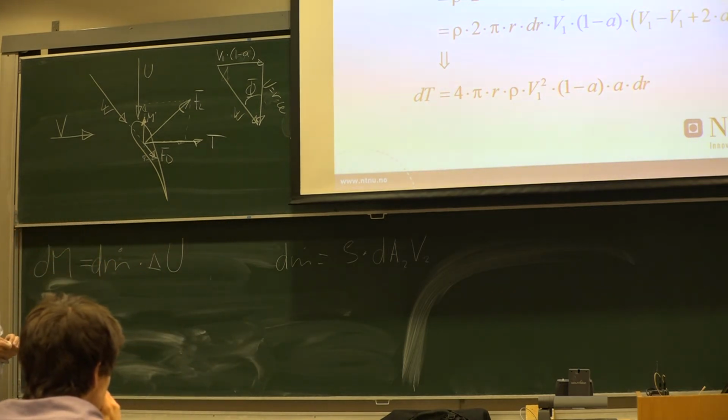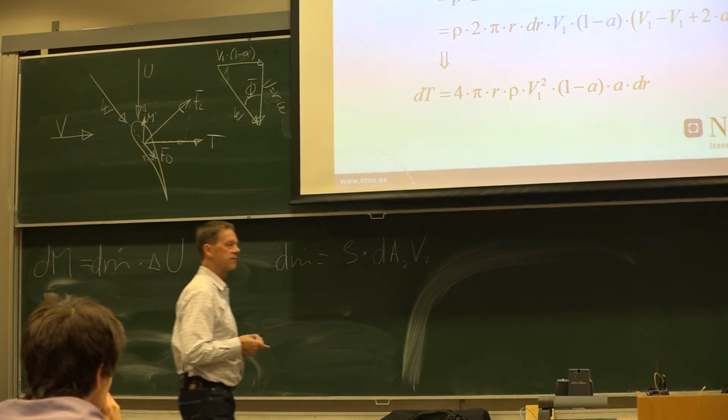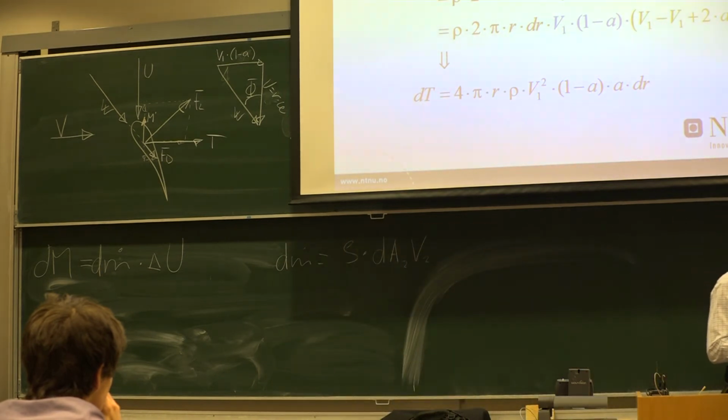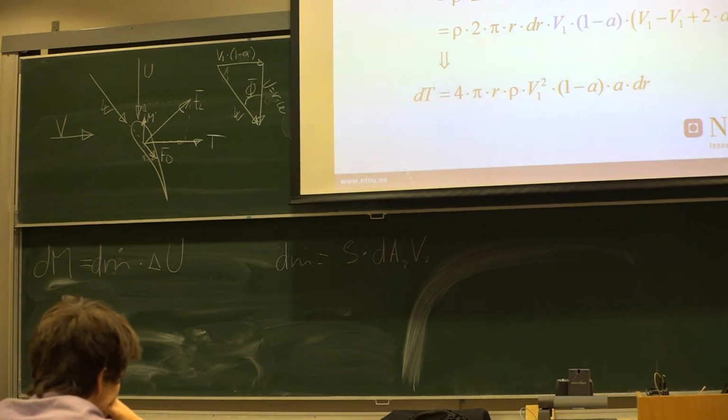So it's dm and the velocity in the actual direction, the change of velocity in the actual direction. That's delta V from 1 to 3, 1 being far upstream, 3 being far downstream.